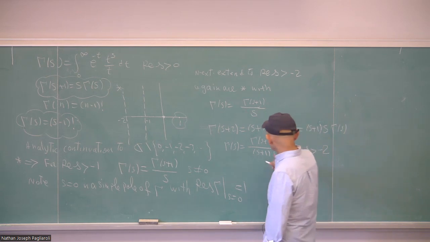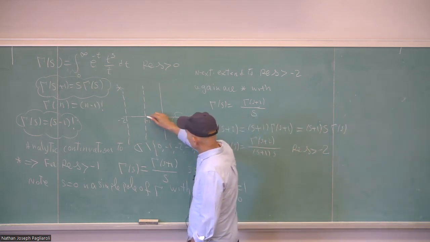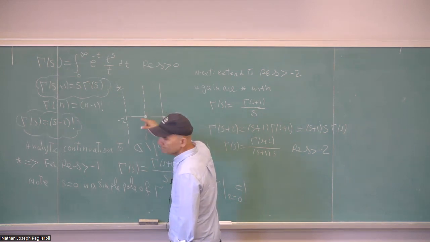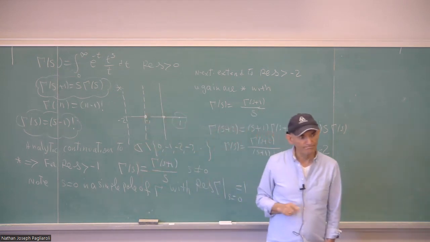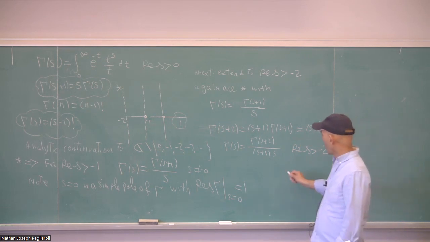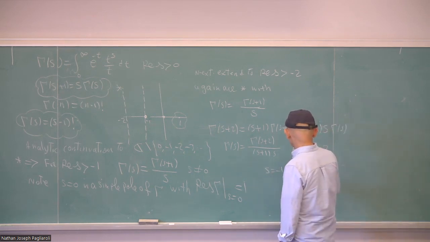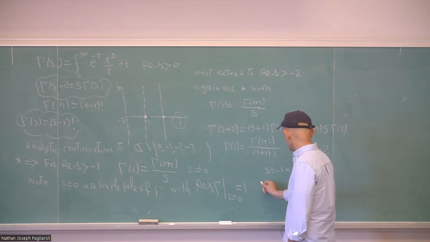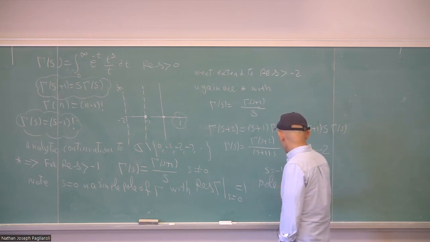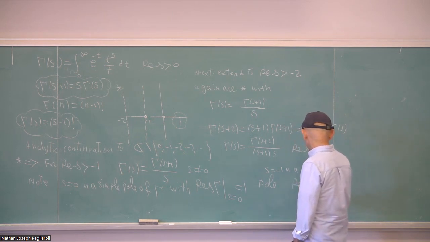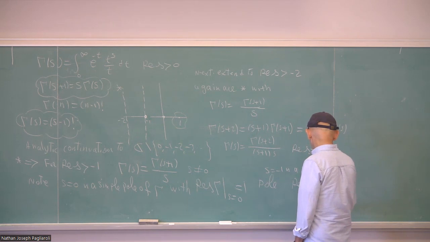Now, once this is extended, you notice that minus 1 is a simple pole again. So s equal to minus 1 is a simple pole. So let's compute the residue of gamma at s equal to minus 1.